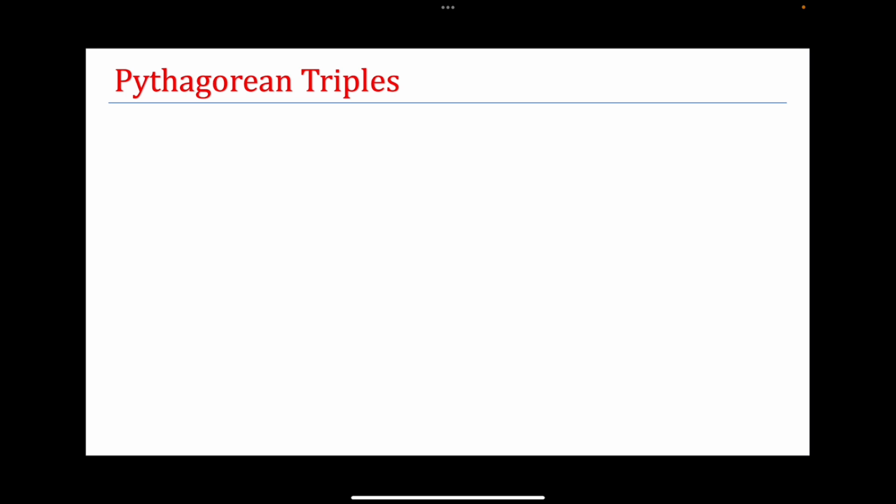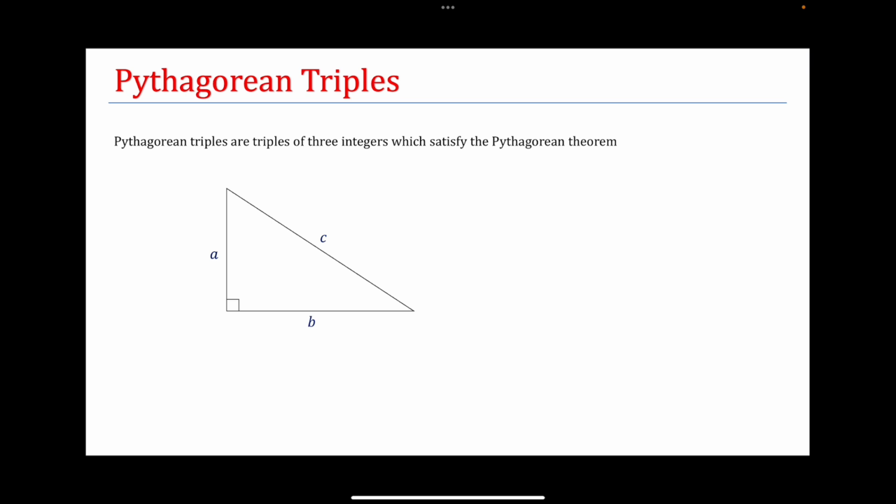Pythagorean triplets. So the standard measurements of a right angle triangle. Pythagorean triples are the triples of three integers which satisfy the Pythagorean theorem. So in the right angle triangle, A and B are the legs and C is the hypotenuse.